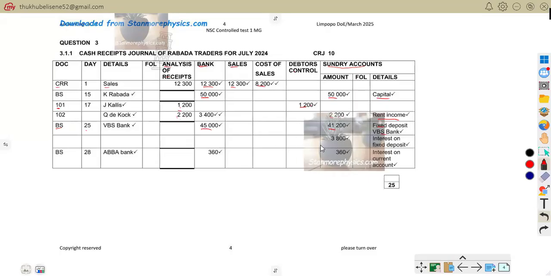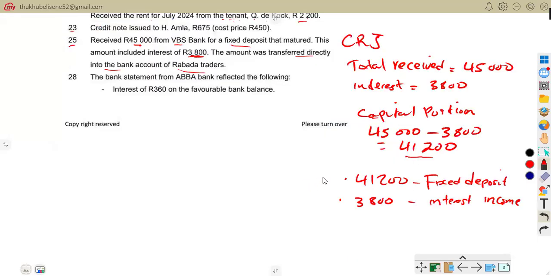So also we are going to have interest 3,800, which is for interest on fixed deposit. Also these should be under sundry account, because you don't have a column for fixed deposit, you don't have a column for interest on fixed deposit. So that is why we are to show them under the sundry accounts. Hope we are together on that.